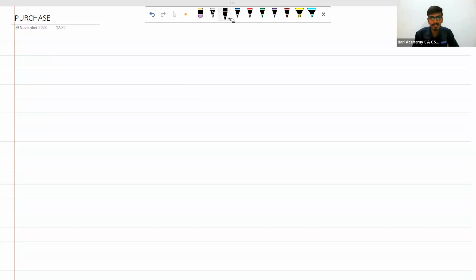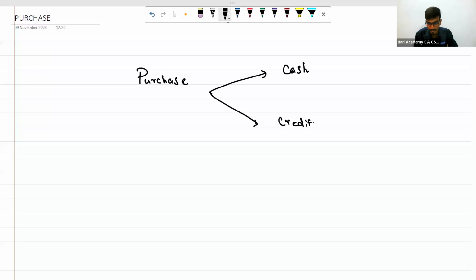basically, if it is a sale or a purchase, there will be two aspects. One is regarding cash, one is regarding credit. If it is on cash basis, as per a modern approach, purchases will be treated as an expense.